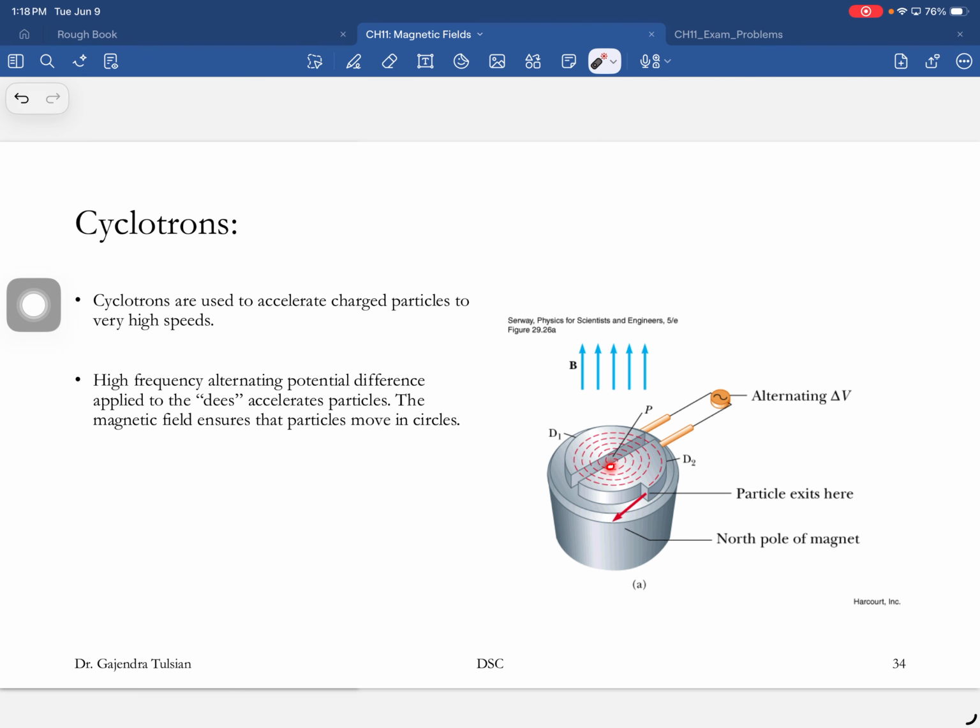The mass of the proton is 1.67 times 10 to the minus 27 kgs, roughly. The charge of the proton is 1.6 times 10 to the minus 19 coulombs. And this is a 1.5 Tesla field.